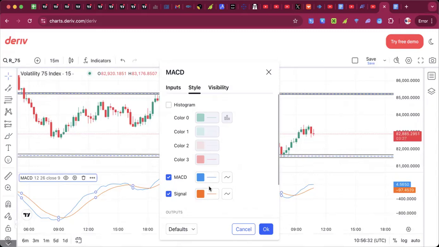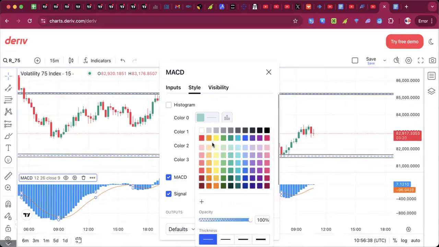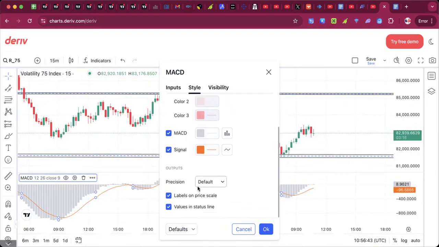I change this one to column, and I pick my favorite color. You can pick your own favorite color, whatever color you want. So this is a way.